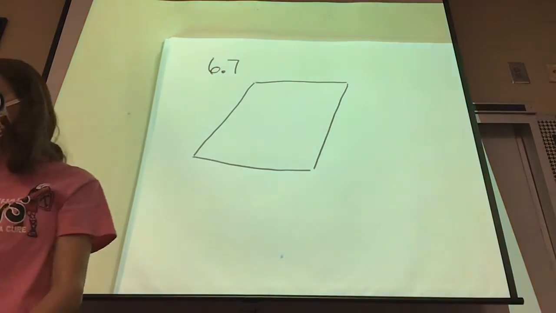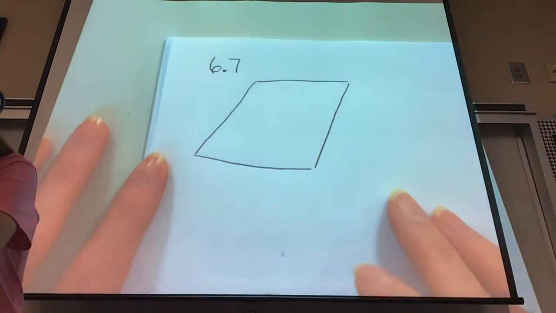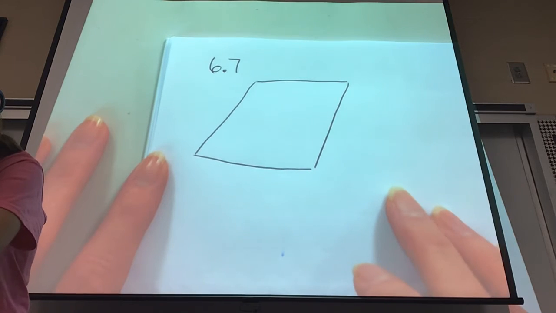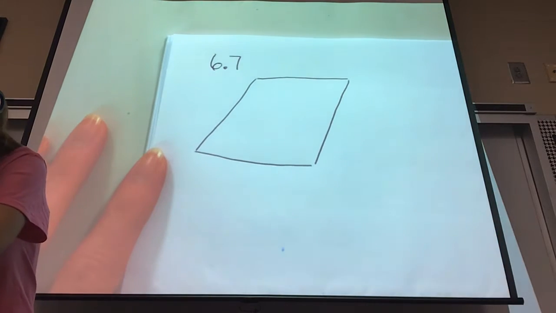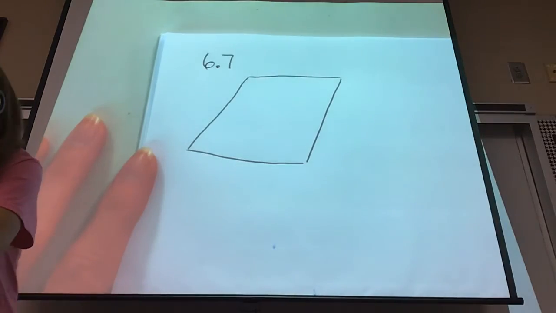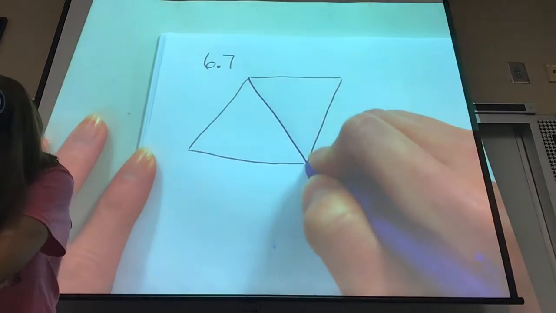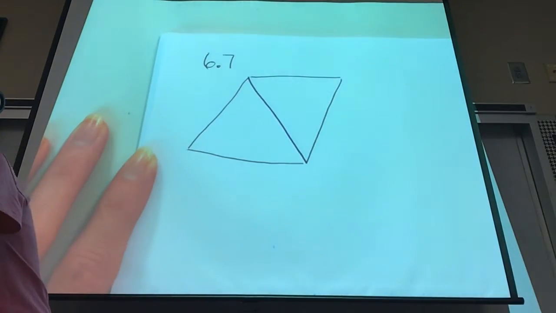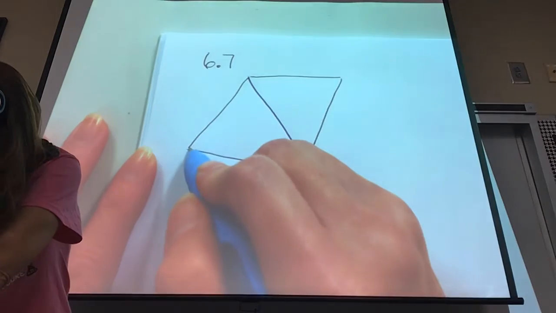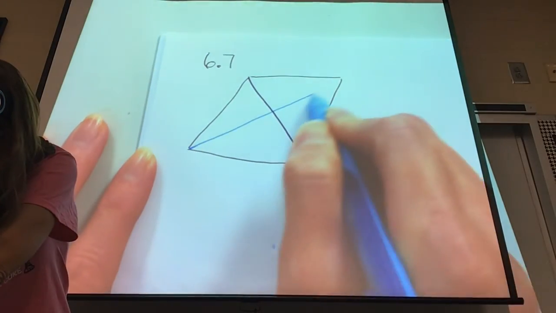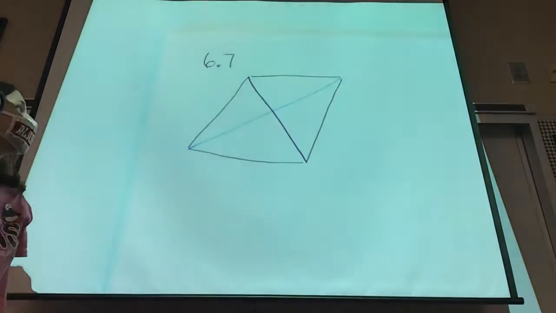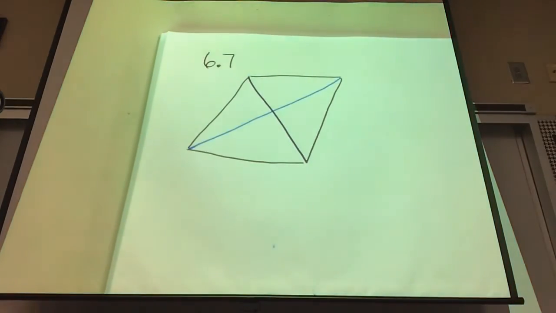So we've got something, and it tells us the diagonals of a parallelogram bisect each other. So if you've got a parallelogram, they're telling you that if you draw two diagonals, one from each corner, then of course they're going to bisect each other.